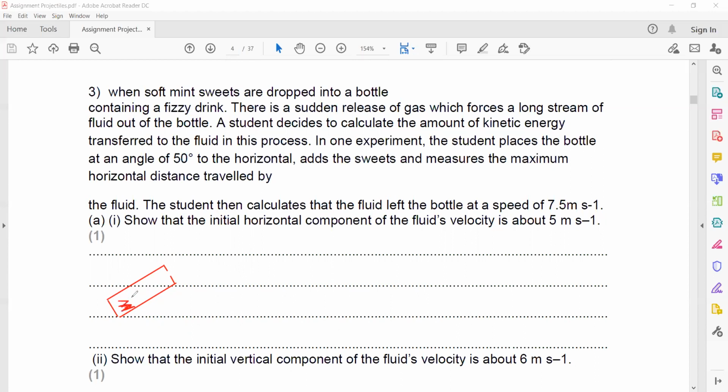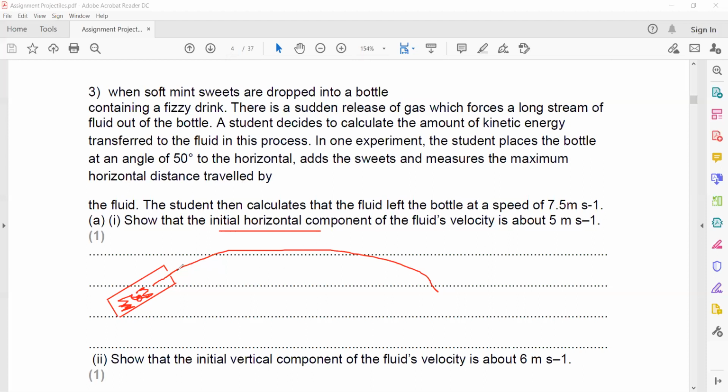So there's a fizzy drink and he added the soft mint to this. So the liquid will come out. The student then calculated that the fluid left the bottle at a speed of 7.5 meter per second. Show that the initial horizontal component of the fluid velocity is 5.